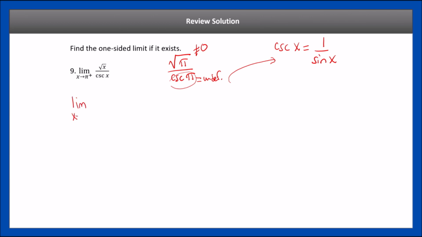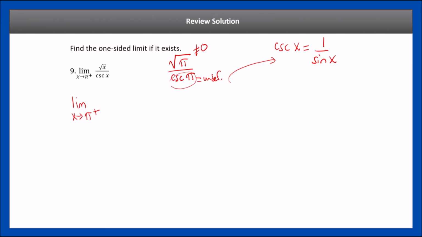So the limit as x approaches pi from the right side of cosecant of x. So we're going to need to plug in a number just to the right of pi. Sorry, I said to the left, I meant to the right because we're doing plus. So let's plug in like 3 pi over 2, okay?